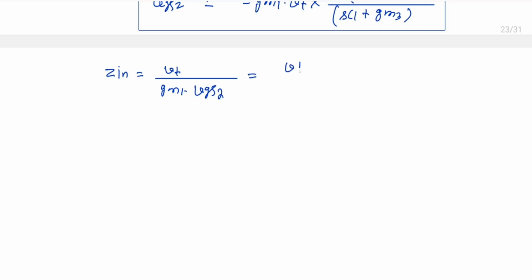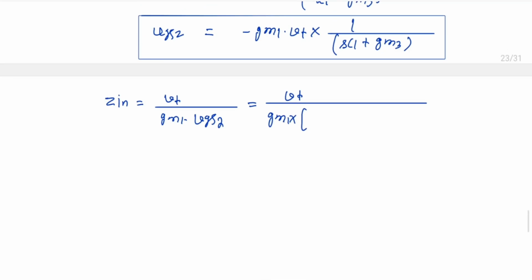So that will be Vt divided by gm1 into this voltage, which is minus gm1 into Vt into 1 by sC1 plus gm3.